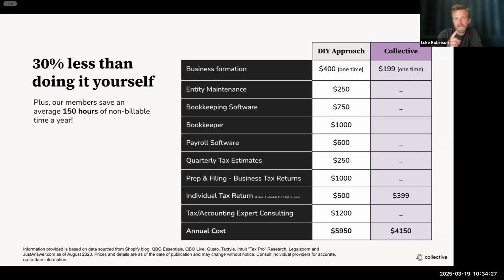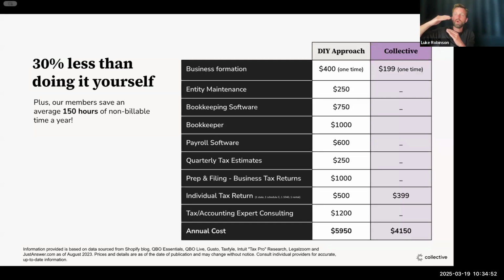At the $60,000 net income level, people are generally saving around $6,000 in self-employment tax with an S Corp. Very generally, that's not an exact number, but that's what they're saving. So if you're saving $6,000 with an S Corp, it becomes a no-brainer to pay Collective around $3,500 to administer it and make sure everything's taken care of, because you're still saving money.